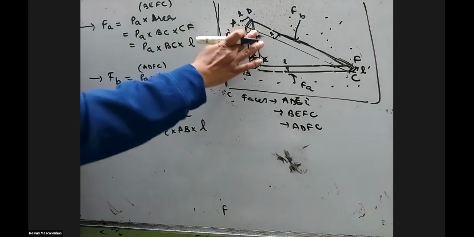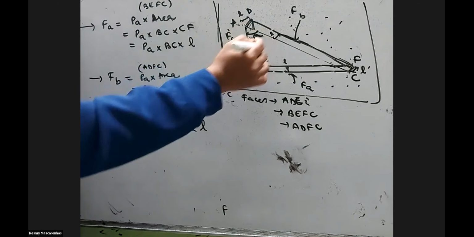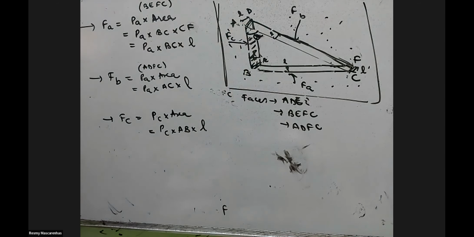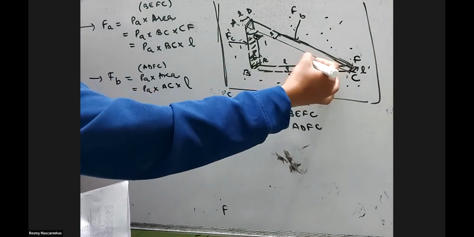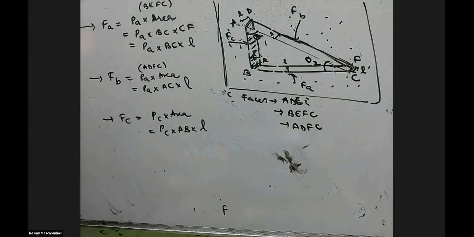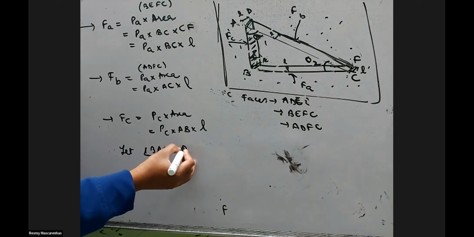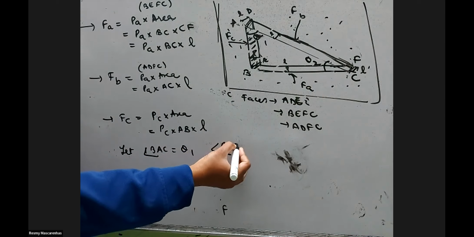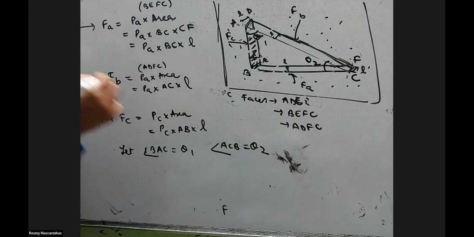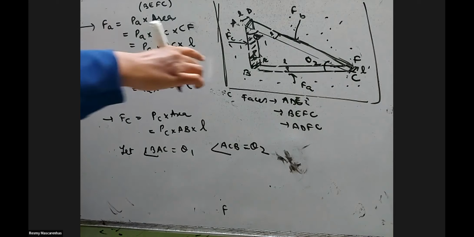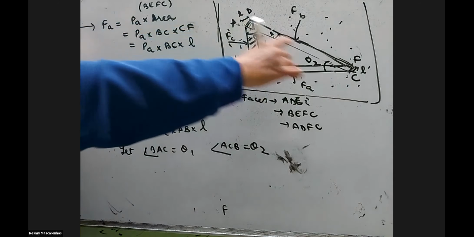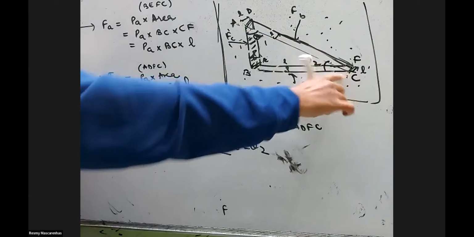Now we'll consider this angle to be theta 1, and this angle we'll take to be theta 2. Okay. BAC is theta 1 and ACB is theta 2.